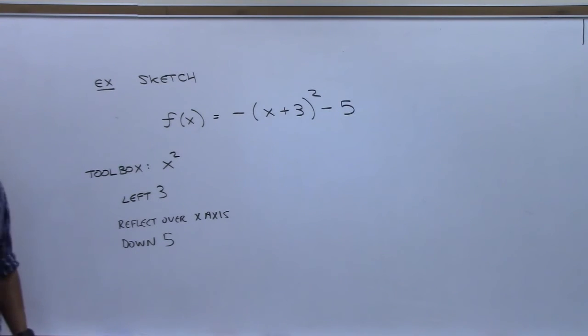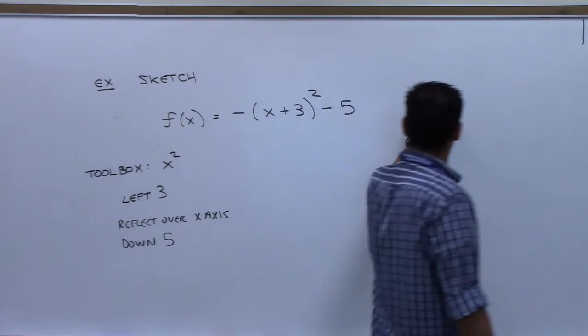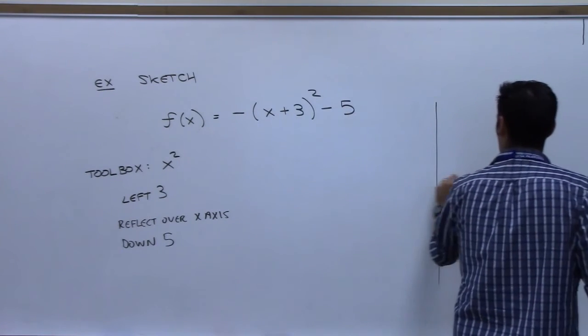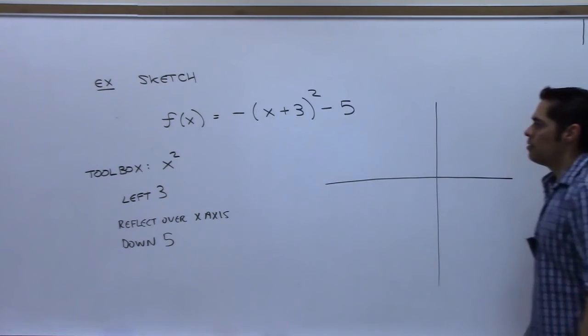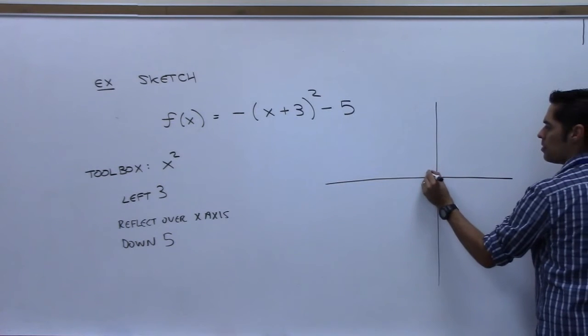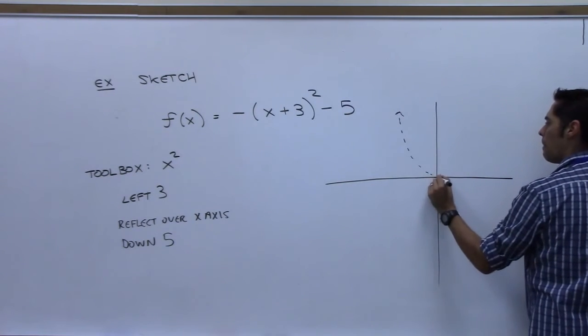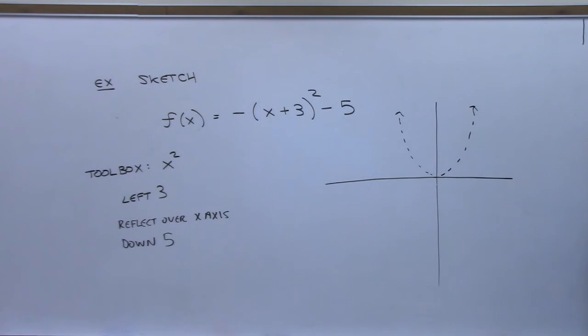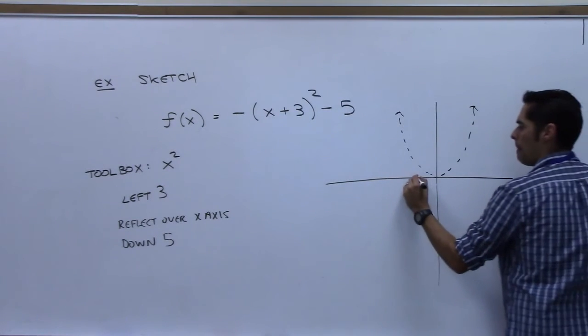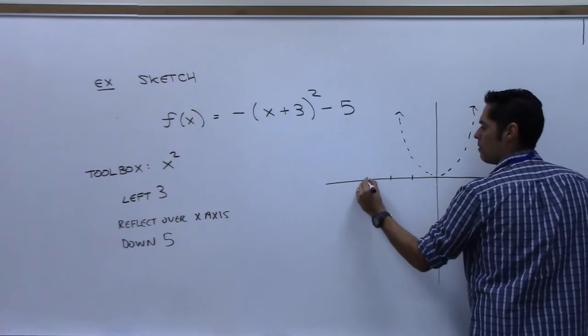Okay? So let me try and draw this real quick. I start out with the squaring function, which is this. I move it to the left 3, which is this.